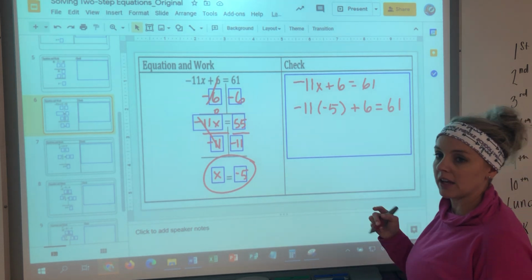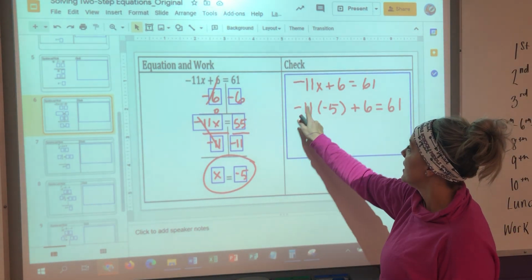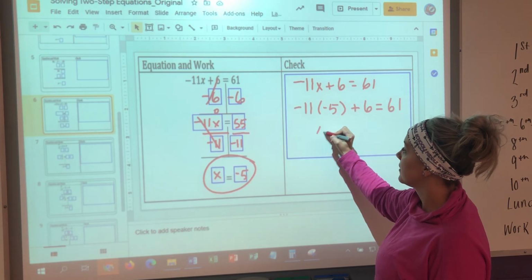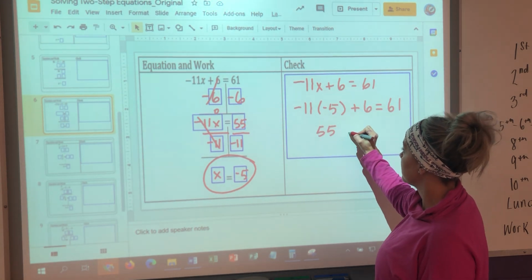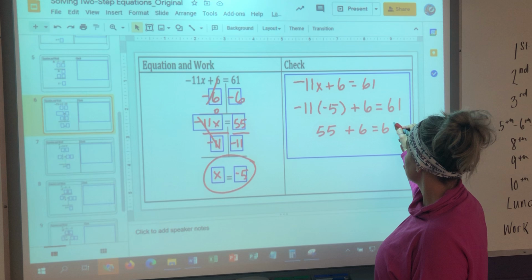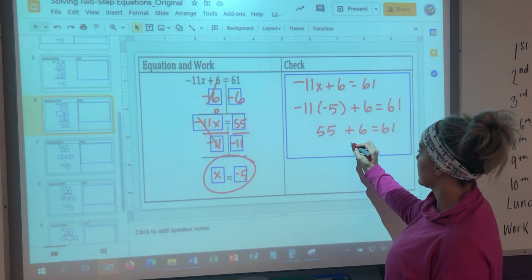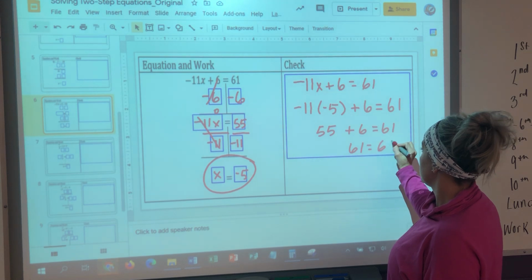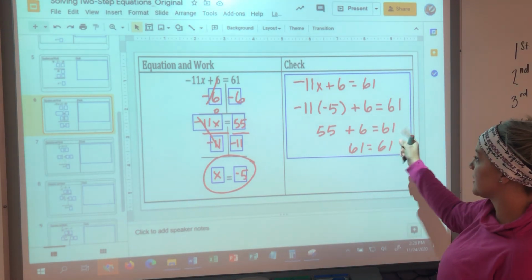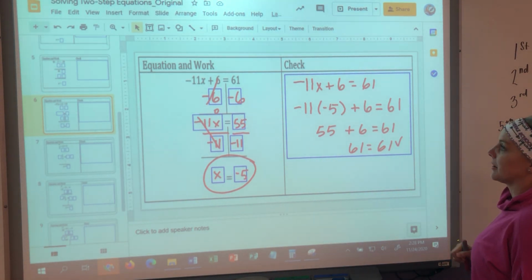Now we do the math. Again, follow your order of operations. Negative 11 times negative 5 is 55, plus 6 equals 61. 55 plus 6, 61. So again, left side equals my right side, and I'm ready to check out.